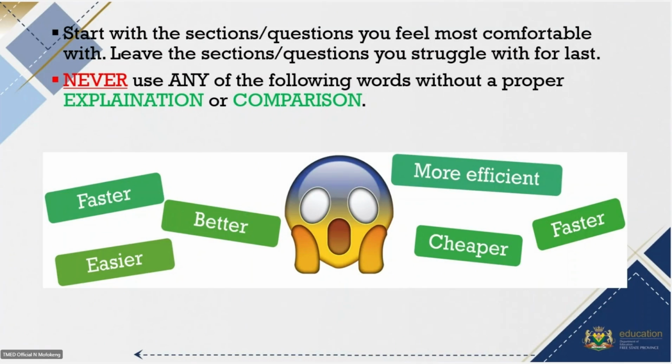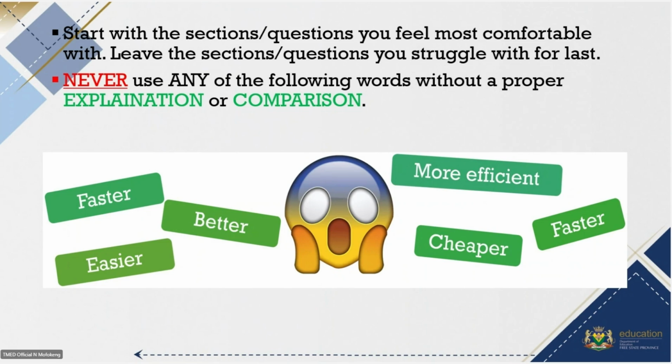So faster, better, easier, more efficient, cheaper should not be used without a proper explanation or comparison. Otherwise, you are not going to get the marks. We always talk about this, but even during the final examination at the marking center, we always get responses of this one it is faster, this one it is better, this one it is easier to use.